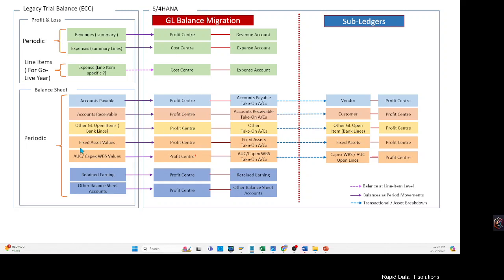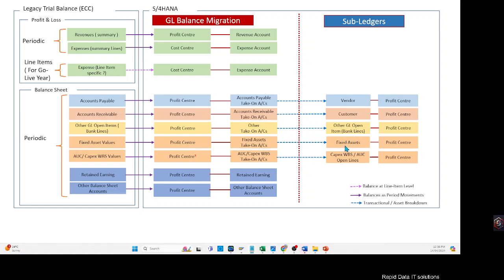Now, there would be accounts which can be posted directly into, and those are those subledger accounts. We can see them here: the accounts payable, account receivable. That means the customer line items or the vendor line items, reconciliation account balances, or even the GL open items as well. And even though they can be posted directly into, well, I'll tell you the reason why we got it this way.